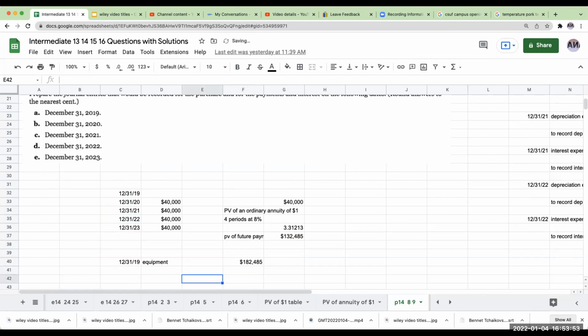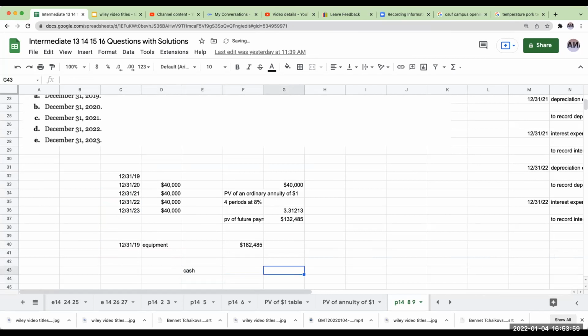So I'm debiting equipment for that amount. At the same time, I know I'm paying out cash of $50,000. That's happening right now. I also know that I have a note payable. My note payable amount is going to be $160,000, because that's the amount that I have to pay each and every year.